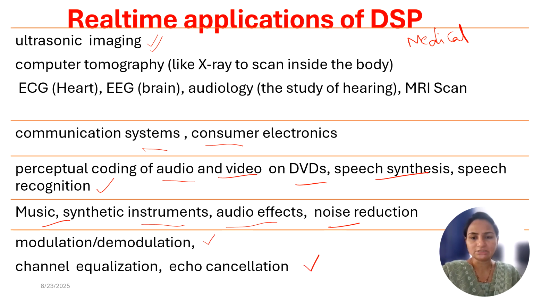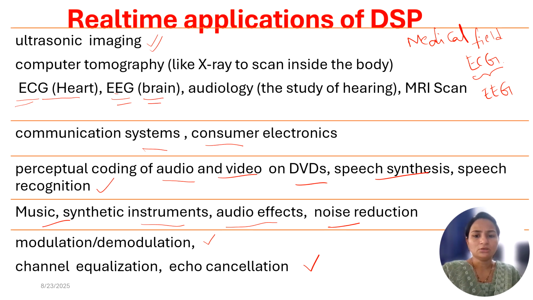If we consider the medical field, we have ECG and EEG. ECG means electrocardiogram, and EEG means electroencephalogram. ECG helps to study heart monitoring and heartbeat rate. EEG studies brain structure and the brain monitoring system.